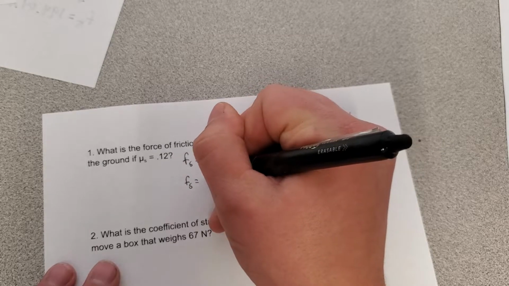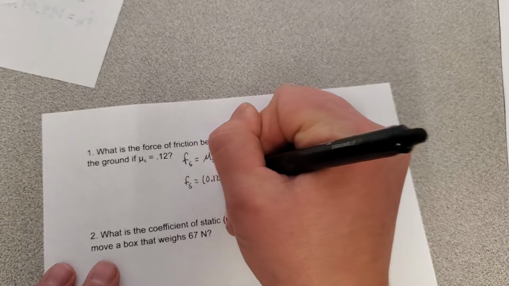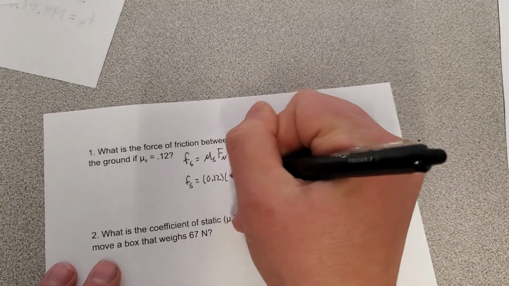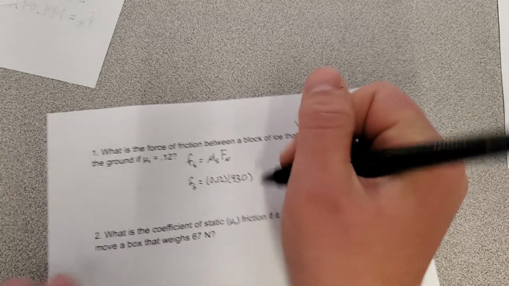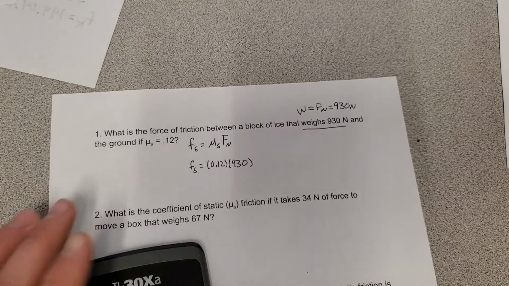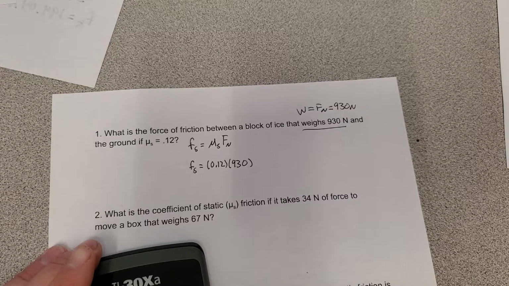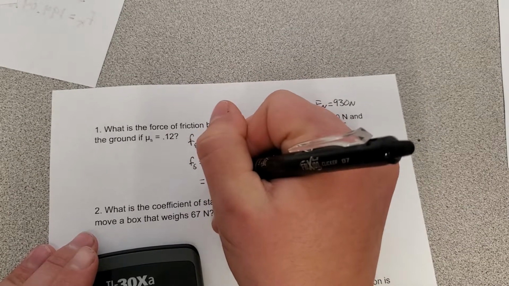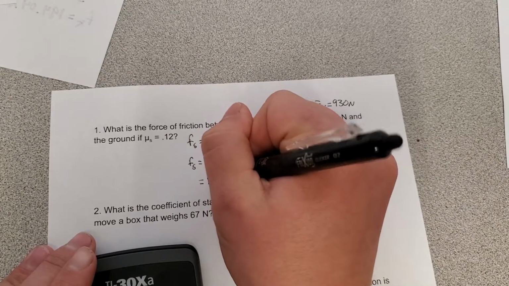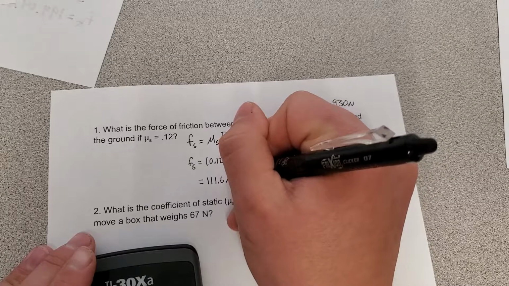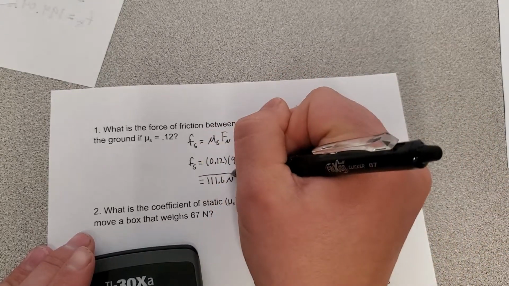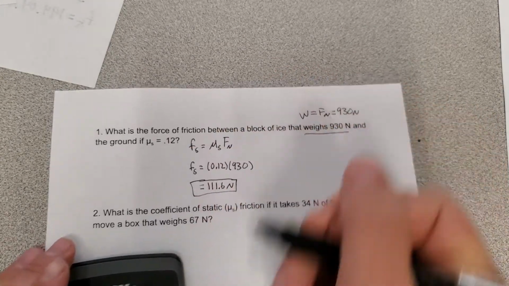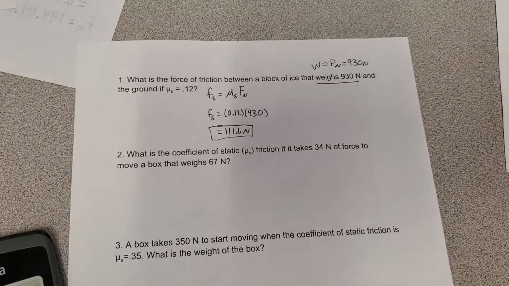Say Fs is equal to 0.12 times 930. Let's write that. 0.12 times 930, that's equal to 111.6 newtons. That's your answer. Moving on.